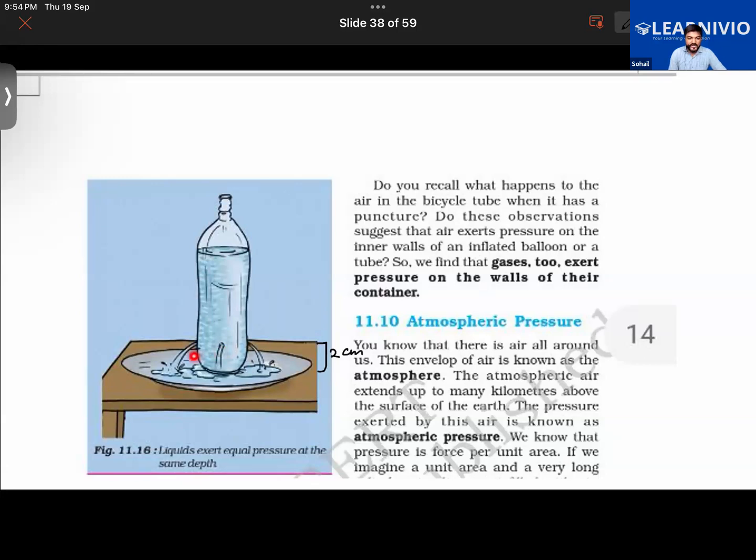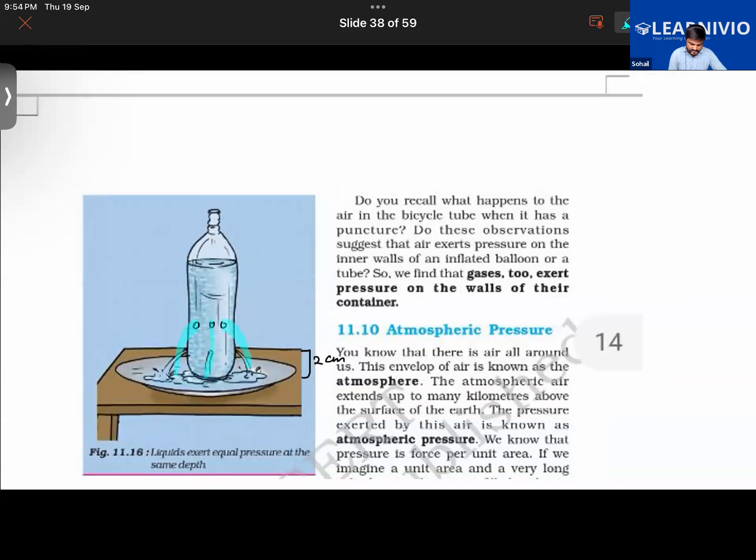Now observe the jet of water and the speed of the water coming out of it. All of them are at the same speed. So this activity proves that liquid exerts equal pressure at the same depth. And if you were to make the holes at this depth, the liquid there also will come out at the same speed. Is this clear to everyone?